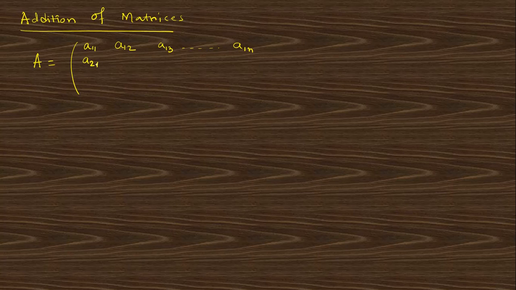Similarly, A21 is row 2, column 1, A22 is row 2, column 2, A23, up to A2n, and so on. The last row is M, with elements M1, M2, M3, up to Mn. So the number of rows is M and the number of columns is N, so the order will be M by N.